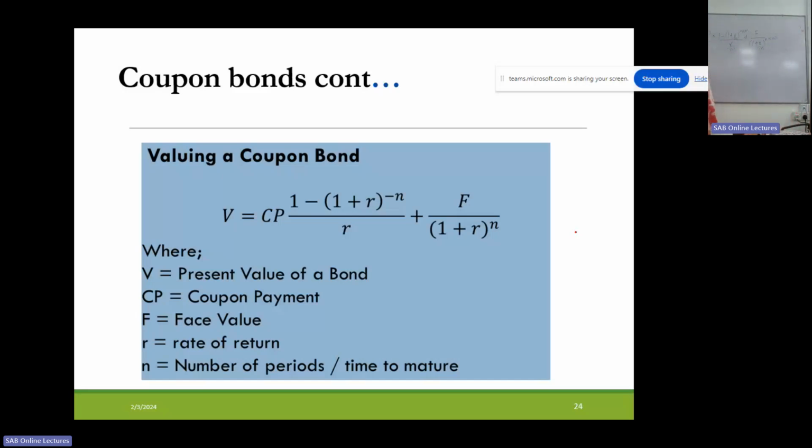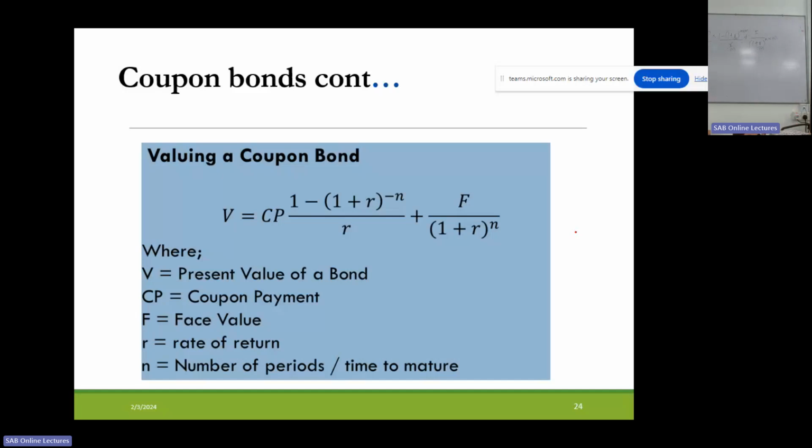What is that M? If it is a semi-annual coupon, M is the compounding frequency per year.